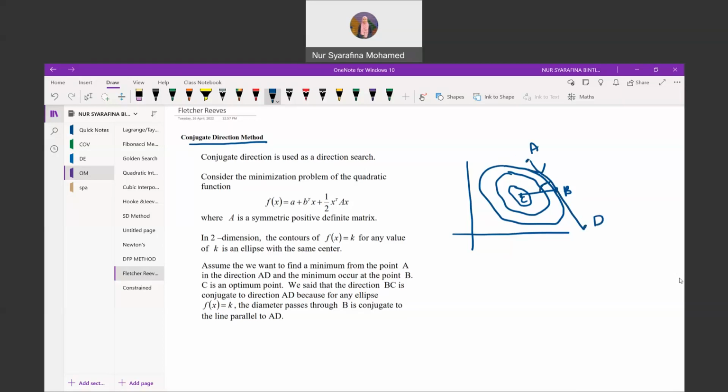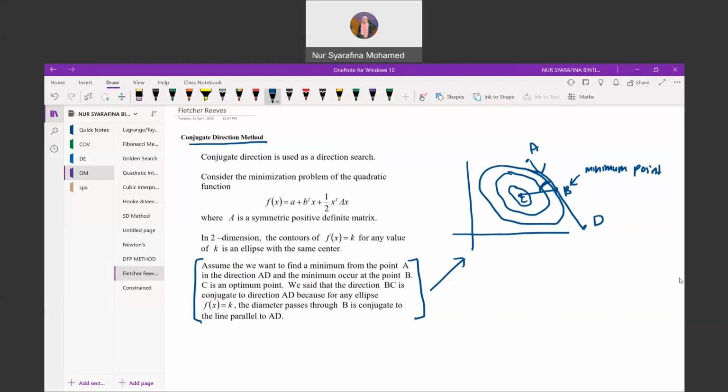So this is what we call a conjugate angle. Now, to simplify the figure here, assume that we want to find a minimum point from A in the direction D. The minimum occurs at the point B. So C is an optimum point.